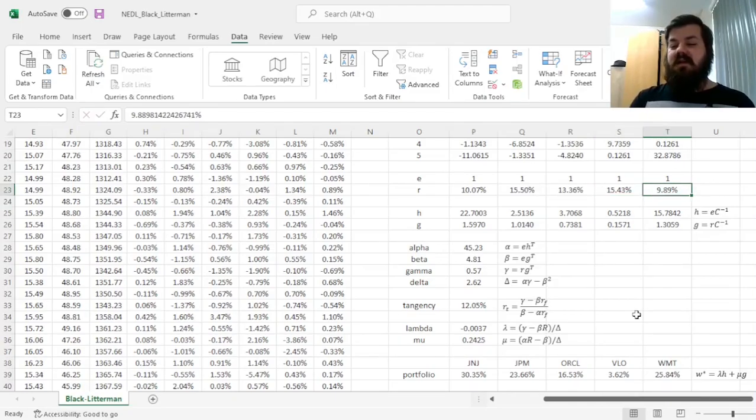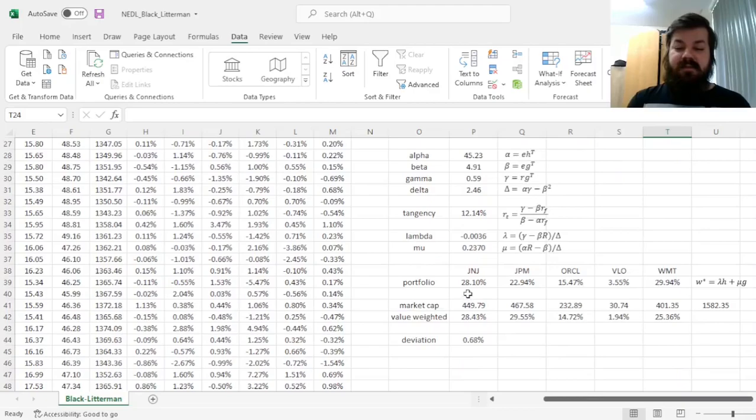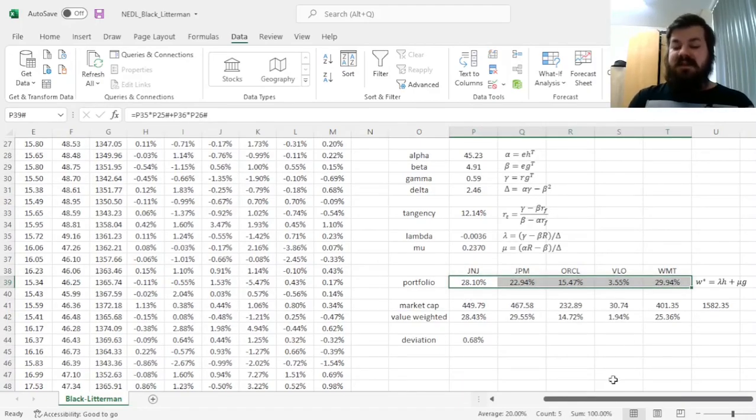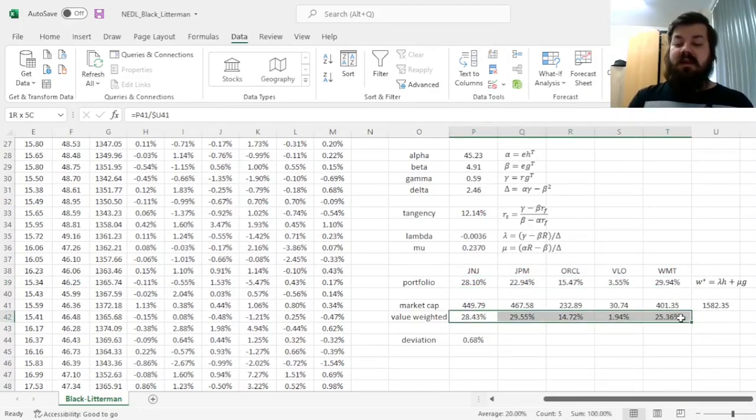Or if we believe that Walmart is actually undervalued and it would have a higher return than implied by the global capital market equilibrium, we can adjust it upward, for example, by half a percentage point to 10.49%. And that would produce a portfolio that was starting as a global capital market equilibrium, however, adjusted reflecting the beliefs of an analyst or a portfolio manager.